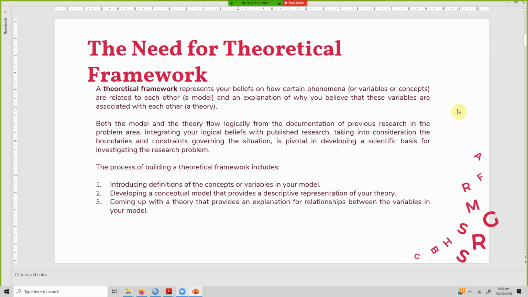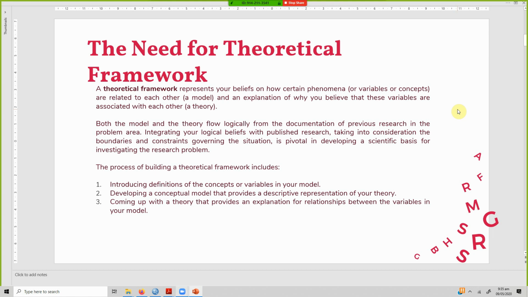How do you do that? You go to existing research. You find existing theories. Integrating your logical beliefs with published research, taking into consideration the boundaries and constraints governing this situation, is pivotal in developing a scientific basis for investigating the research problem.